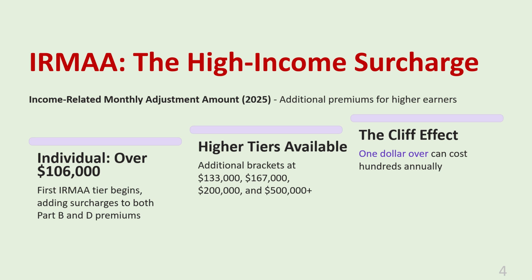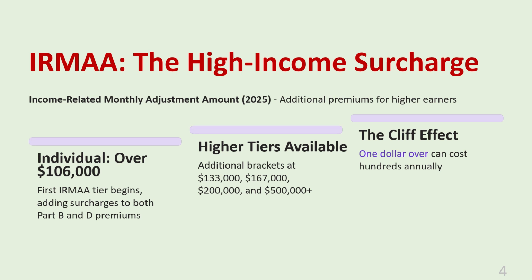IRMAA is a real financial threat because it acts like a tax cliff, not like a regular tax bracket. You could be just $1 over an income threshold and be forced to pay the full amount of the additional surcharge for the entire year.